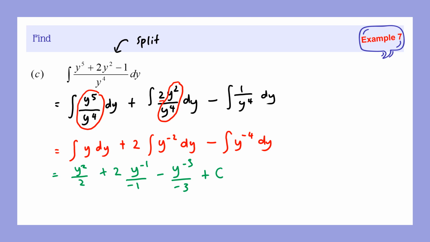The first one remains as y squared over 2. The second one we can simplify to minus 2 over y. The third one we can simplify to 1 over 3y cubed, plus c. So the answer for C is y squared over 2 minus 2 over y plus 1 over 3y cubed plus c.